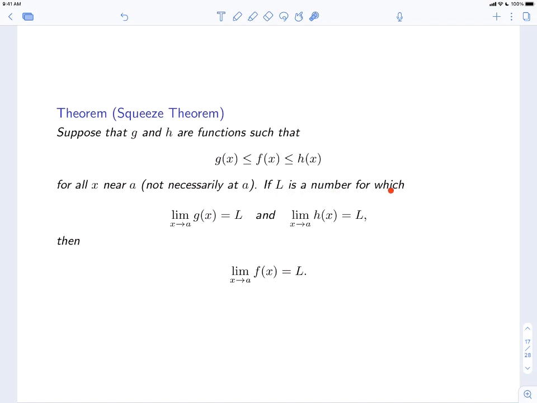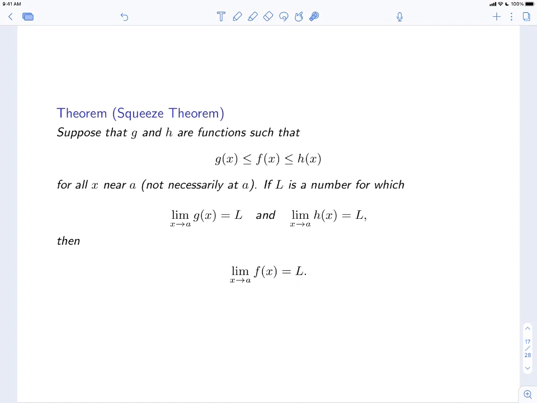If L is a number for which g at x approaches L, and h at x also approaches L as x approaches a, then the thing that you can conclude is that the quantity in the middle must also approach L. It's squeezed in such a way that it must attain the value of L.